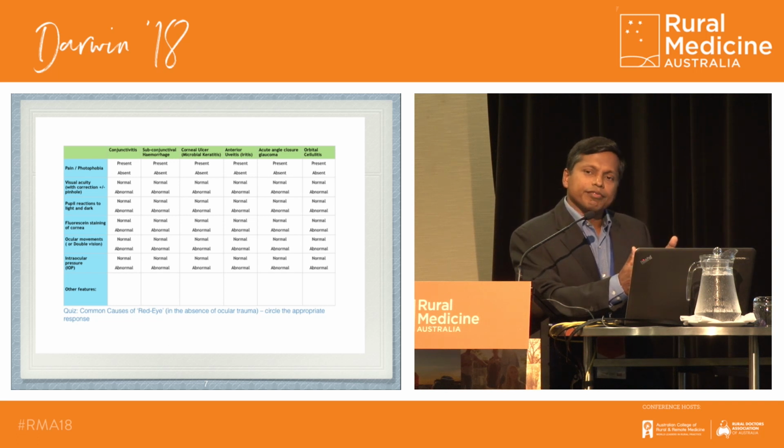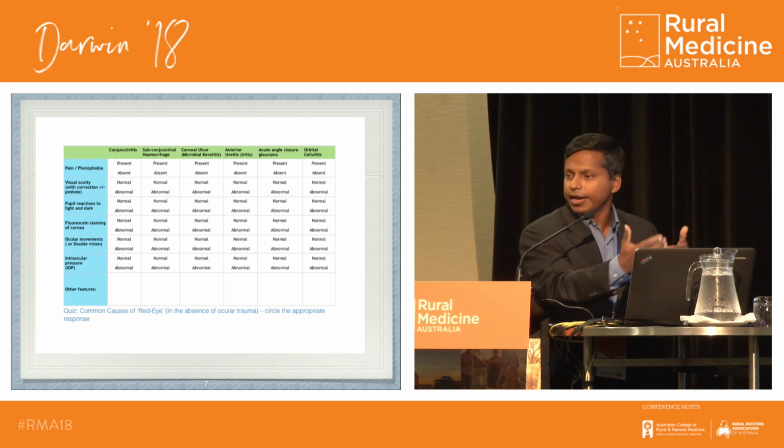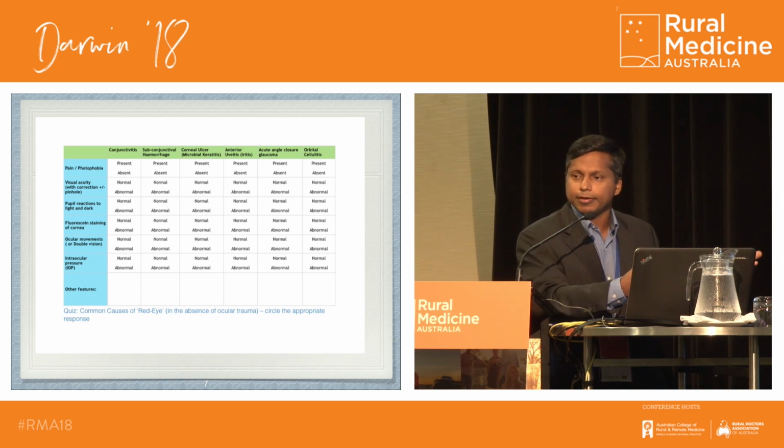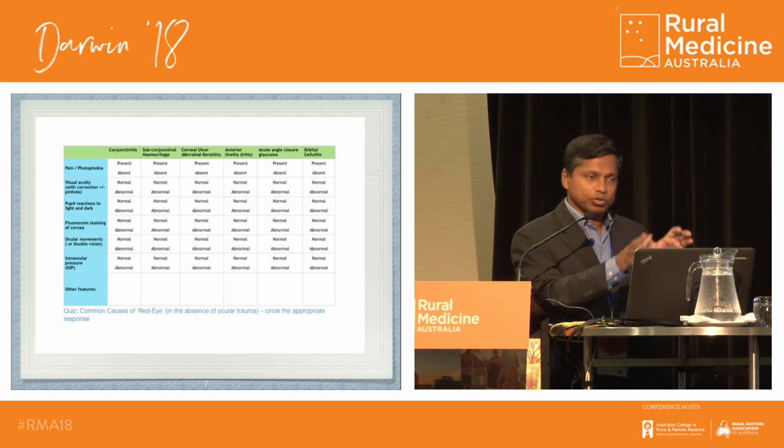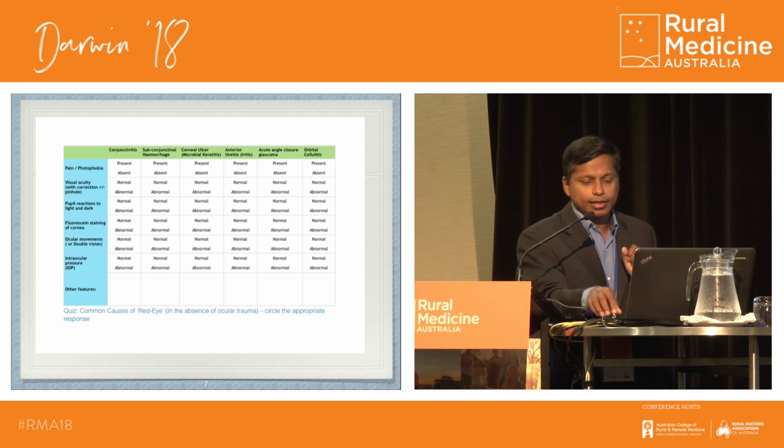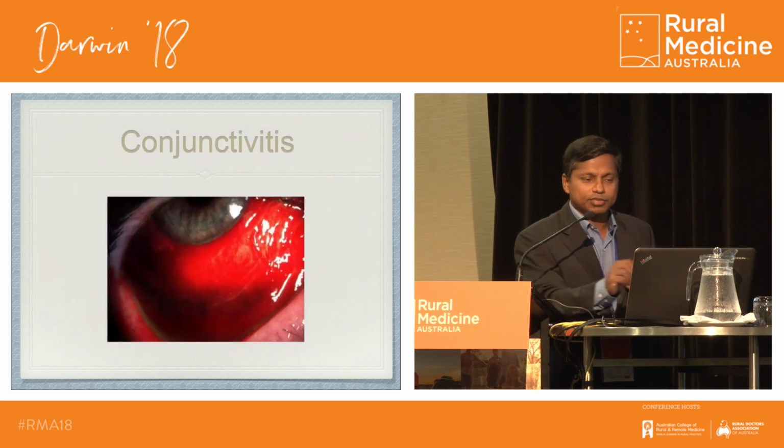And there are other more defining features in the history and examination for each condition, which I might not have time to go into, but you can fill that in later by looking at each condition in a textbook or somewhere, right? But these features will help us to differentiate the more sinister ones from the less sinister ones. Okay, so the first challenge for you is to fill the column for conjunctivitis. Just circle the response, what you think you would expect.